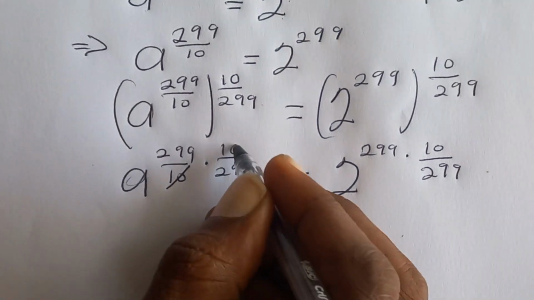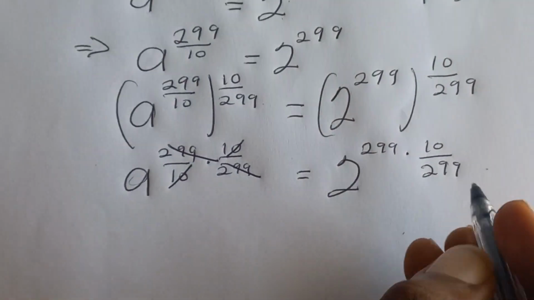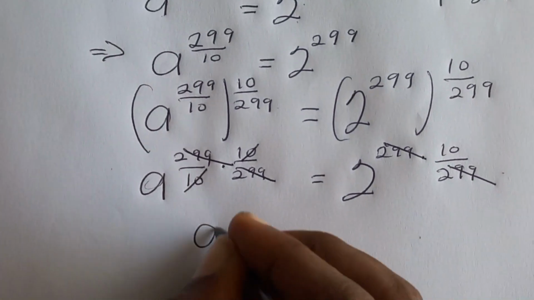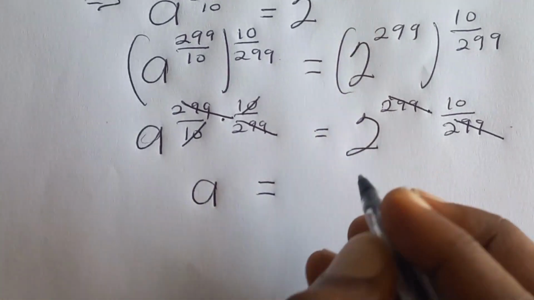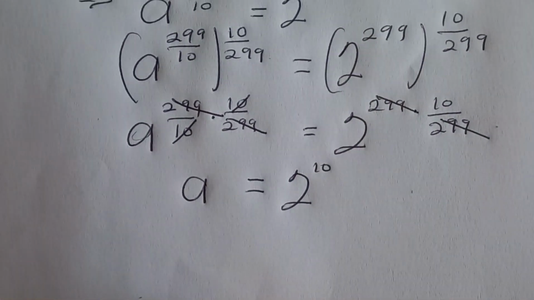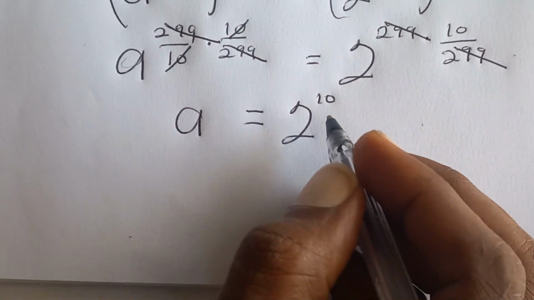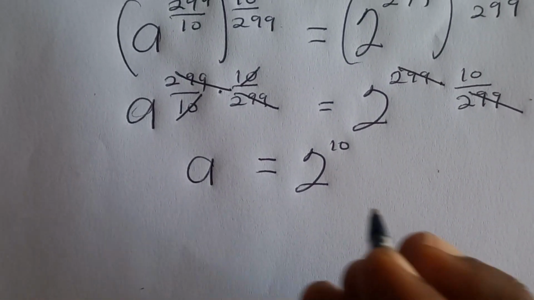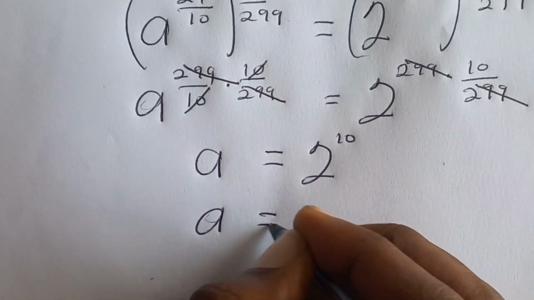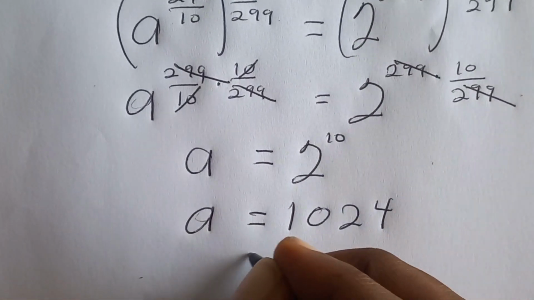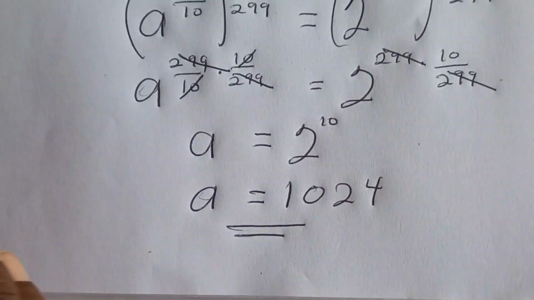Okay, so 10 will cancel 10, 299 will cancel 299, and this 299 will also cancel 299, leaving a is equal to 2 exponent 10. And 2 exponent 10, we know that is 1024. So our a is equal to 1024. This is our value of a.